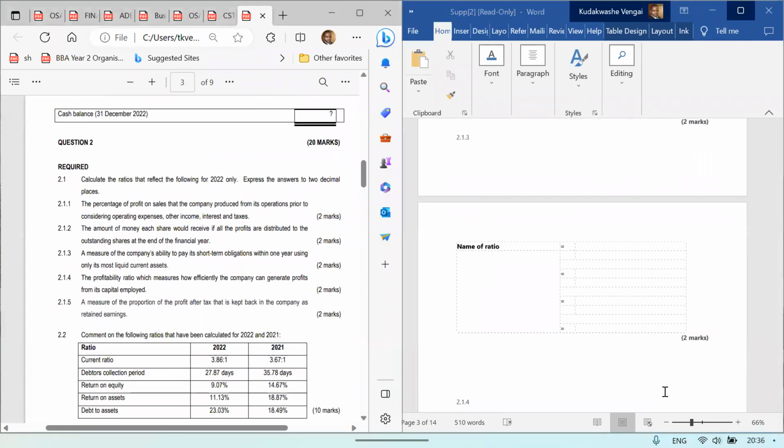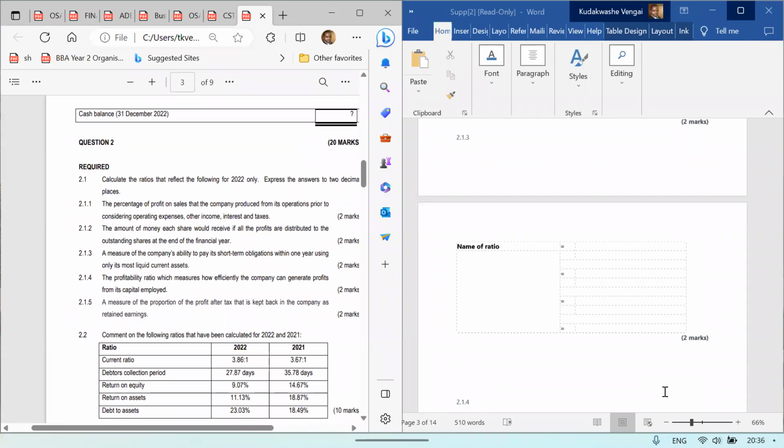The next ratio says here, the measure of a company's ability to pay its short-term obligations within 1 year only using the most liquid assets. This word, the most liquid assets, is the very important word there. Because under liquidity, short-term obligations, remember there are two ratios.